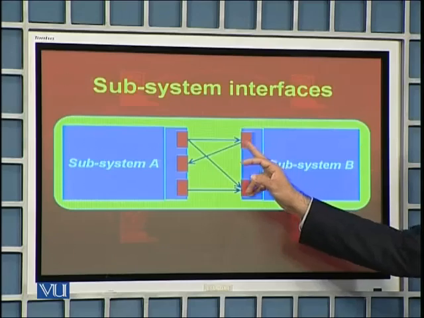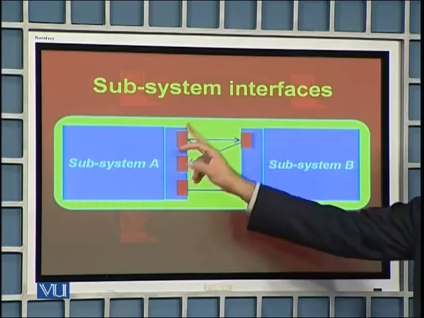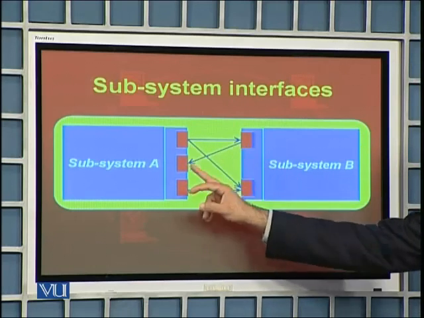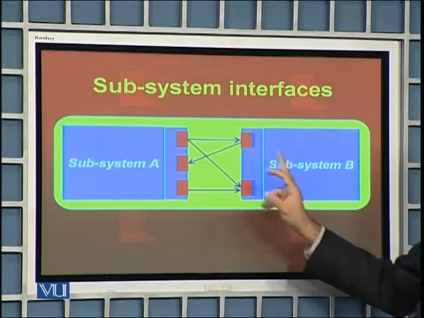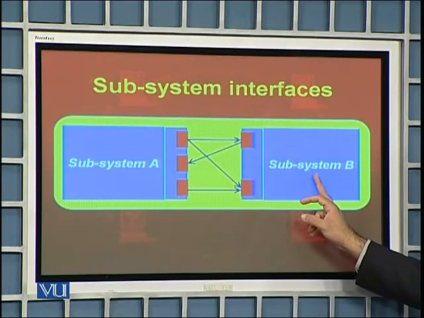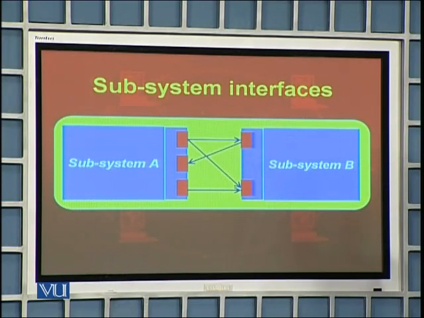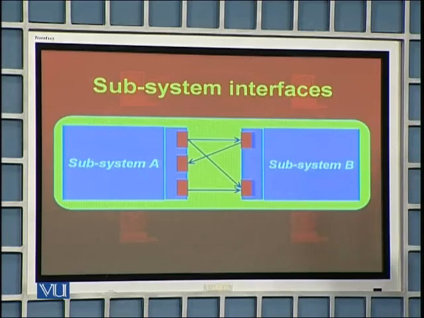So our interaction is limited to the interfaces only. When subsystem A uses the services of subsystem B, it only uses the interfaces and it does not care about what is inside.